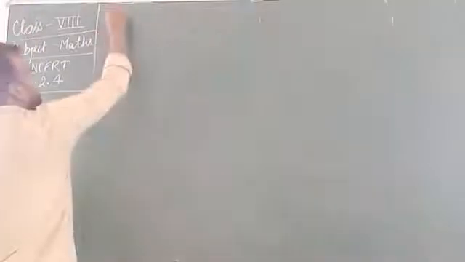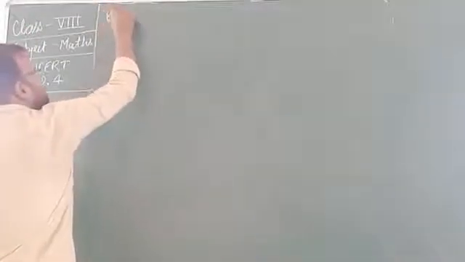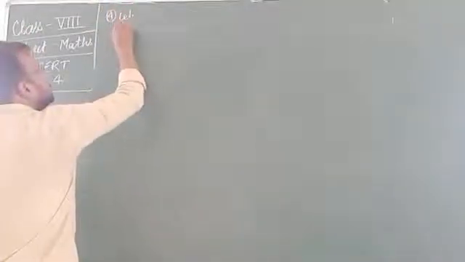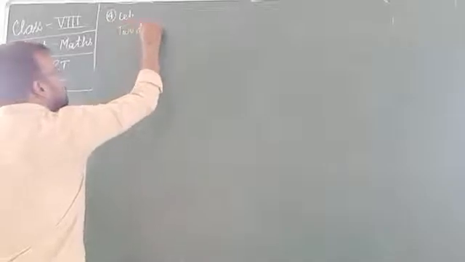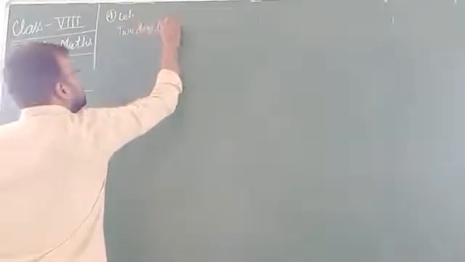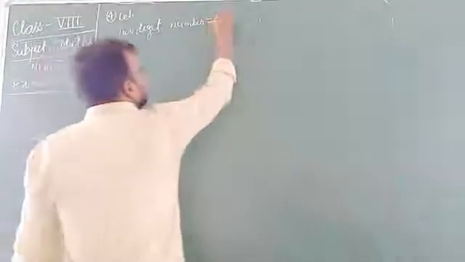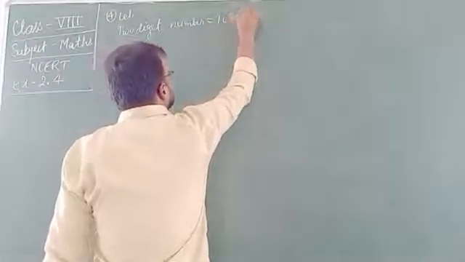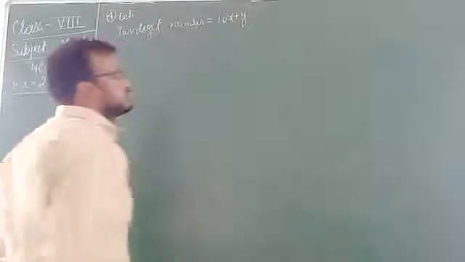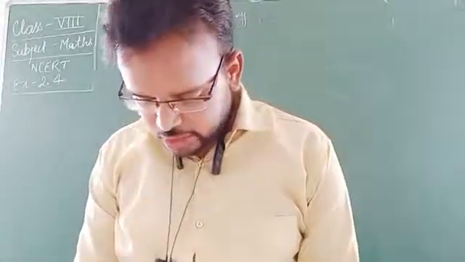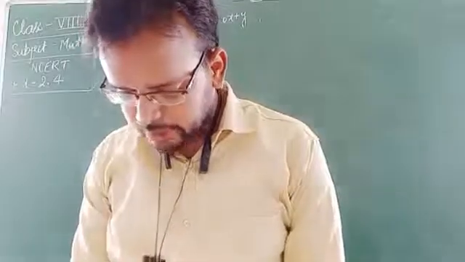Again we get the two-digit number as 10x plus y. Now the first statement is given: one of the digits of the two-digit number is 3 times the other digit.